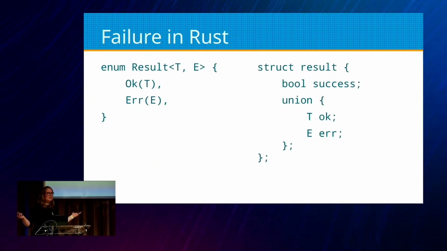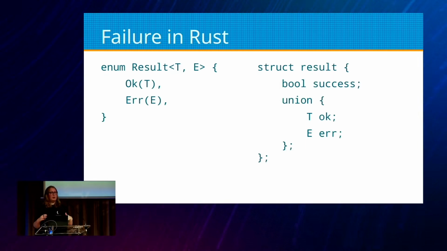Okay, so as I said, I can't teach you all of Rust, but I at least want to show you how error handling works. And so in Rust, we have this thing called an enum. And if you're familiar with a tagged union, then that's kind of the same thing. So over here on the C side, you see the equivalent C struct.